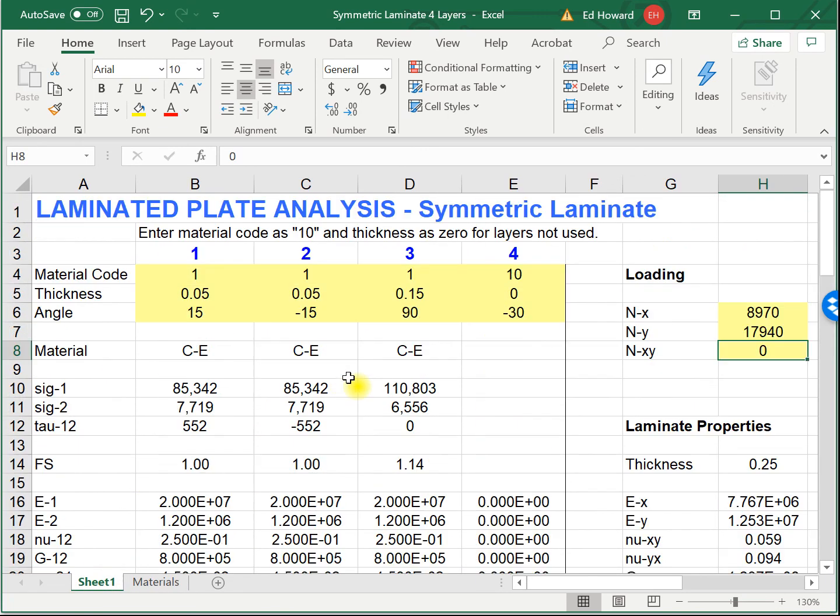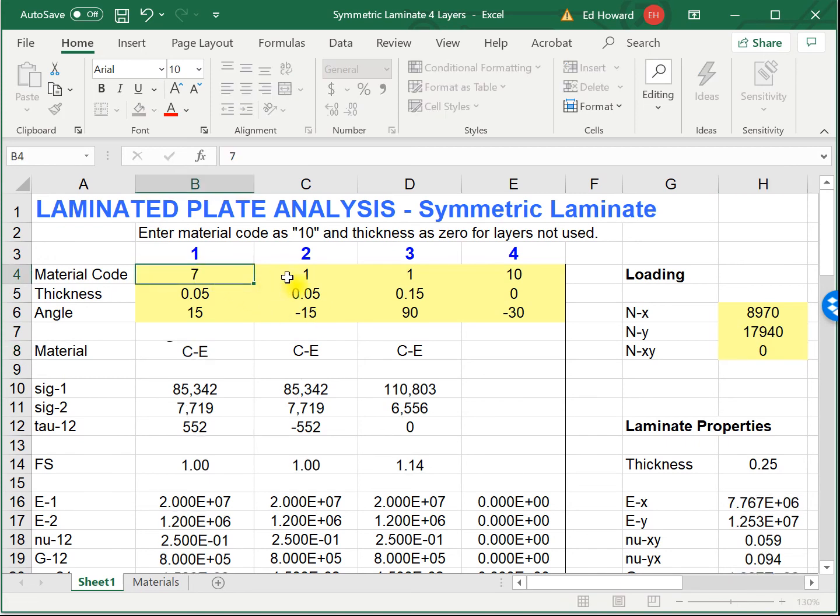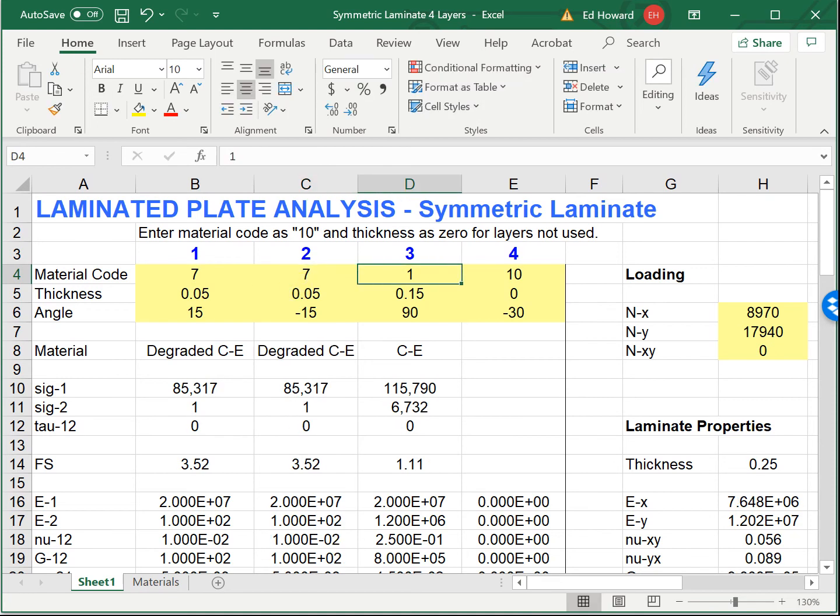Okay, now we're back, and once again we've said the plus or minus 15 layers are going to fail due to the resin. And so what I'm going to do is change the material code to be the degraded carbon epoxy.